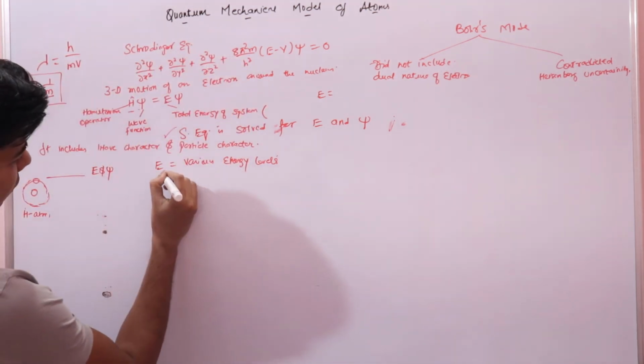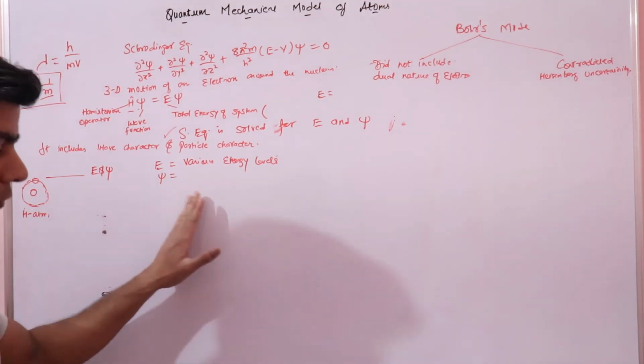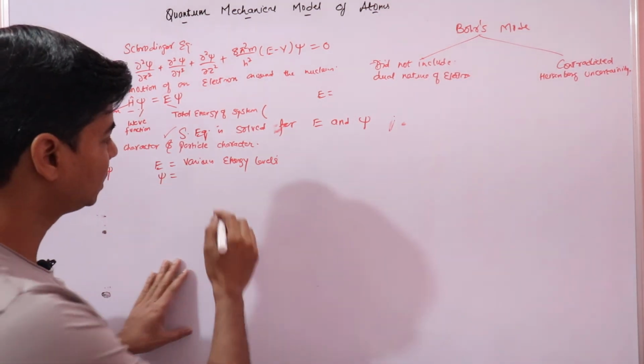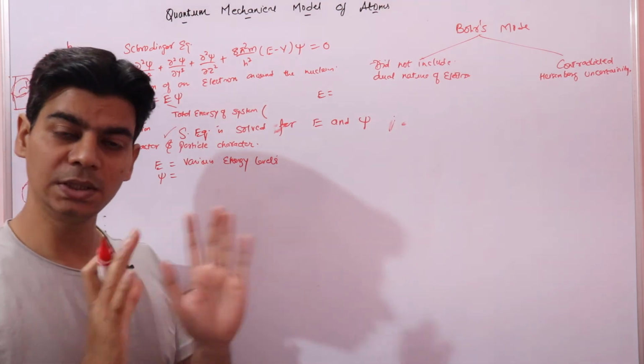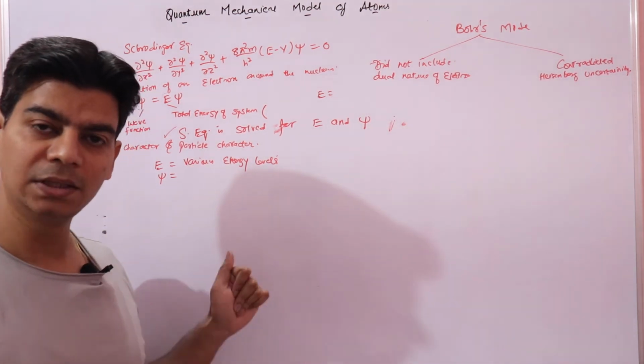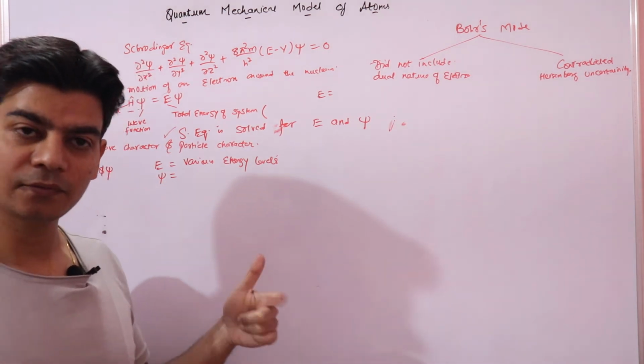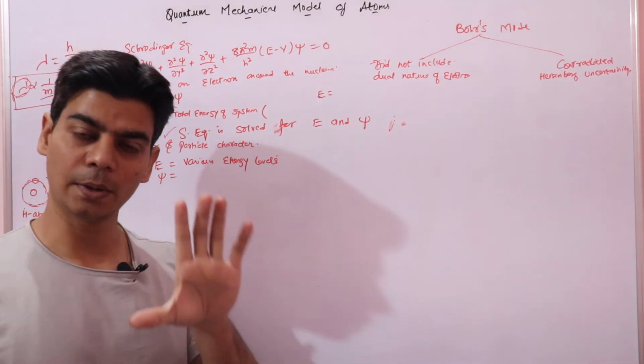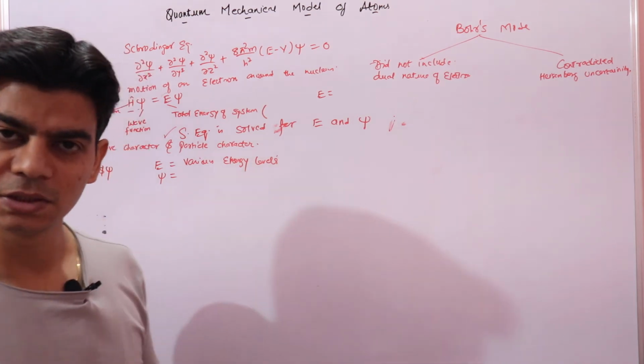And when we solve it for psi, psi is a wave function, right, which is associated with each energy level. And this psi has all the information about the electron which is moving in that energy level, right?